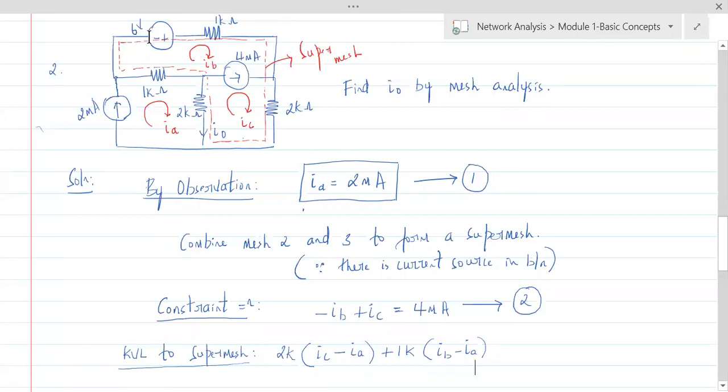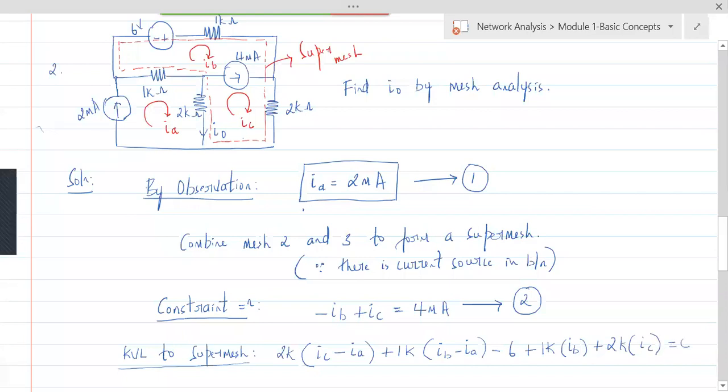But when we are approaching this, the minus sign is coming first, so I'll consider that as minus 6 volts. Then comes 1K, so that's 1K into IB because there is just one current flowing, mesh 2. Plus 2K, and in that only IC is flowing. The algebraic sum of all these voltages should give you 0.